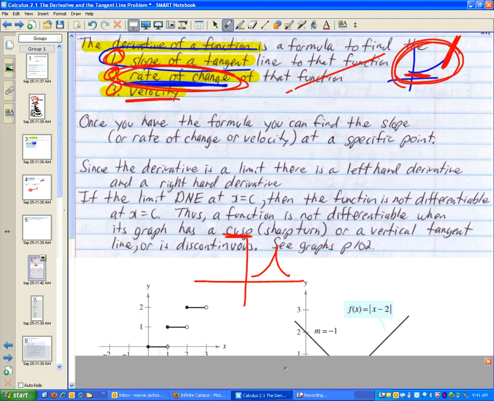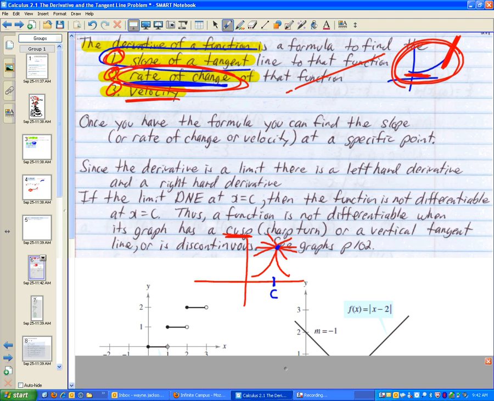Okay? That function is not differentiable there. Because think about how many different tangent lines you could draw through that point right at the end. You could draw that. That could be a tangent line. And that. Or that. Yeah, so what that means is at that one little point right there, whatever that C is, it's not differentiable because there's not a slope of the tangent line.